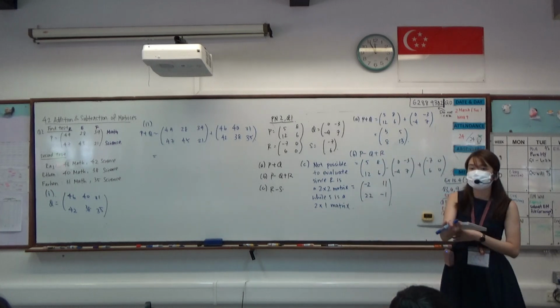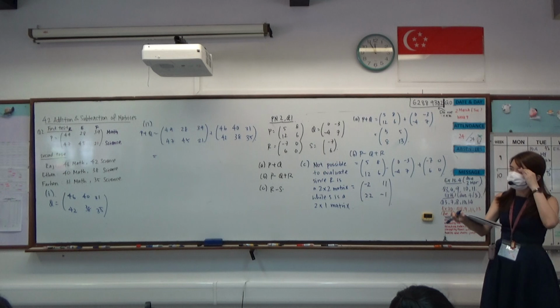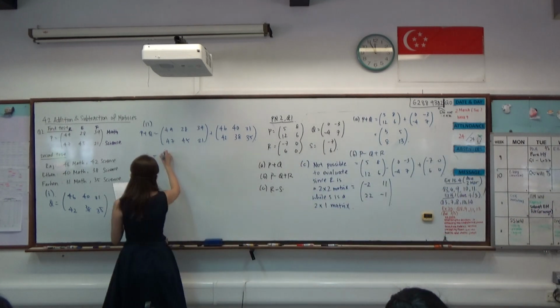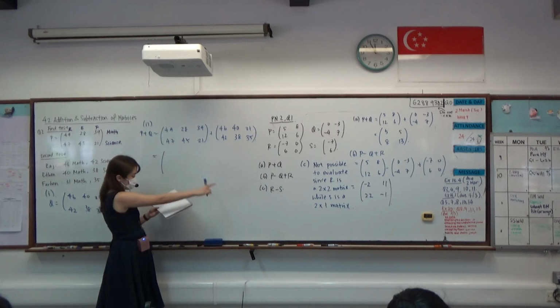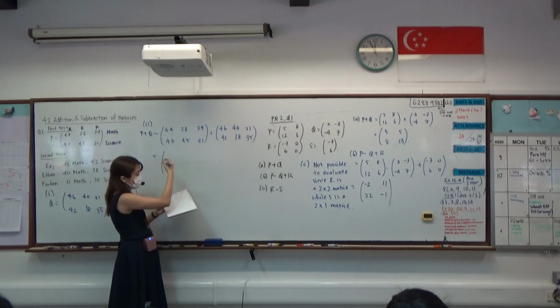So what do we get? Azia, can you tell me your answer for matrix P plus Q? Left to right on the first row. 49 plus 46, can you tell me the answer?